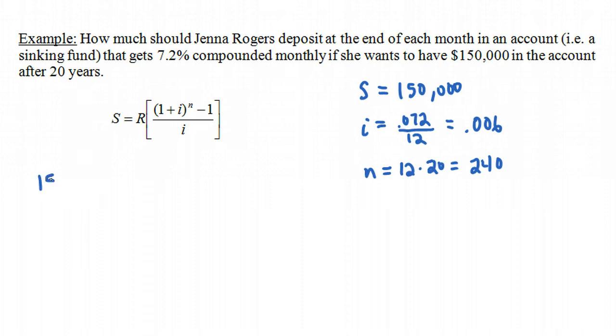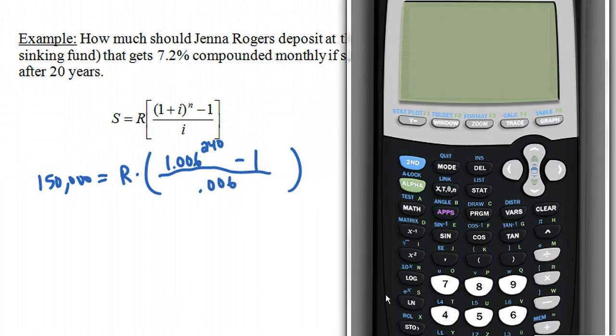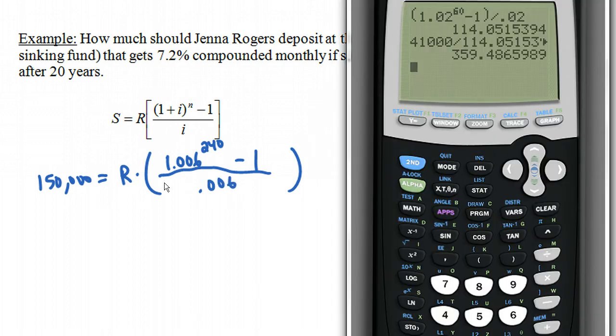So let's plug things in. We have 150,000 equal to R times the quantity 1.006 to the 240th power, minus 1, all over the I, which is 0.006. Okay, so let's bring up our calculator here and figure out what's inside the parentheses.